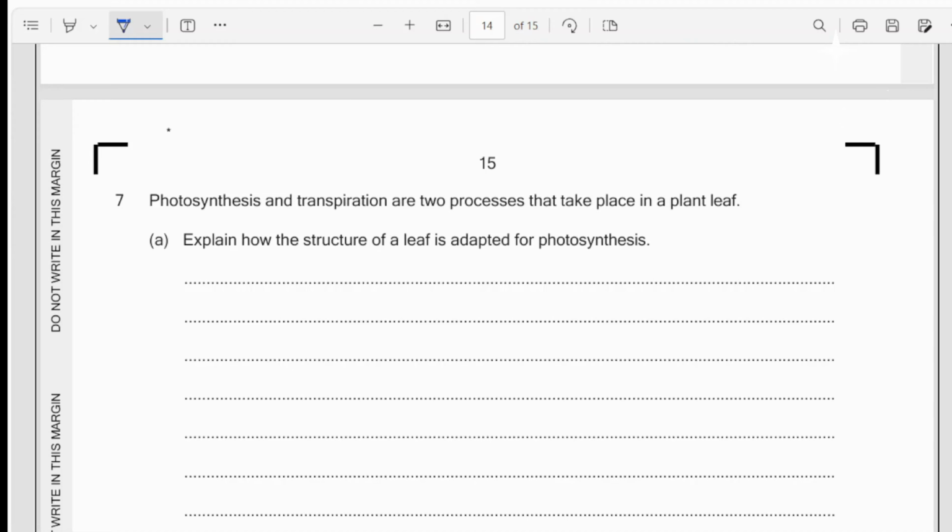Okay, explain how the structure of leaf is adapted for its photosynthesis. Oh my god, the whole structure. Starting from the first of. Okay, correct.